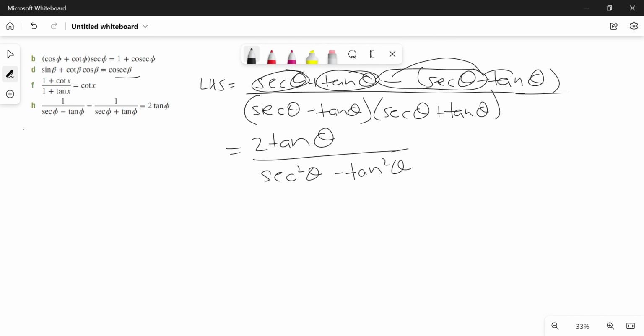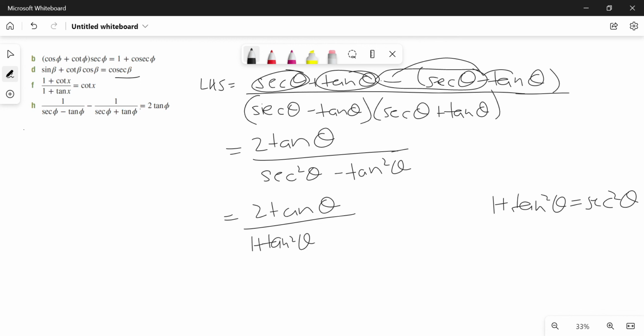Now we know that 1 plus tan squared theta is sec squared theta. So let's change sec squared theta to 1 plus tan squared theta, and then we've got minus tan squared theta. So those tan squared thetas cancel each other out. So it's just a 1 on the bottom. So 2 tan theta divided by 1 is 2 tan theta, which gives us our right-hand side.